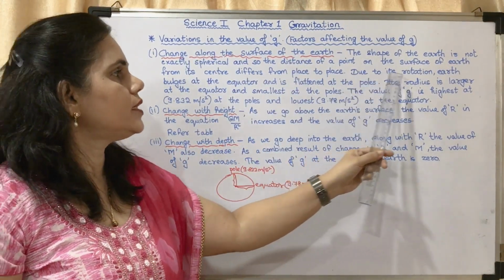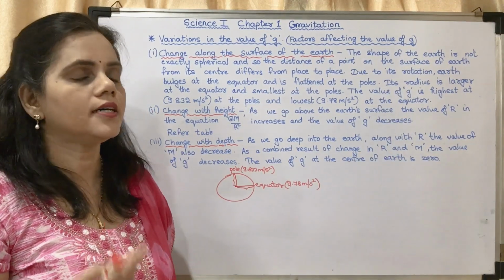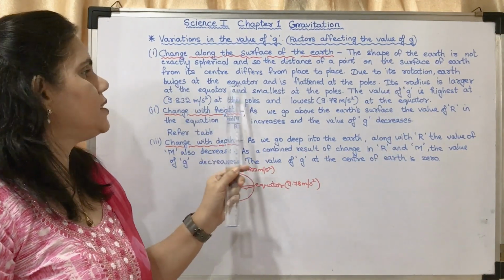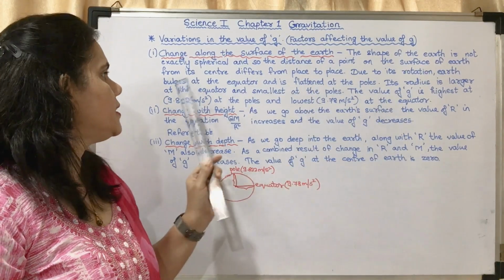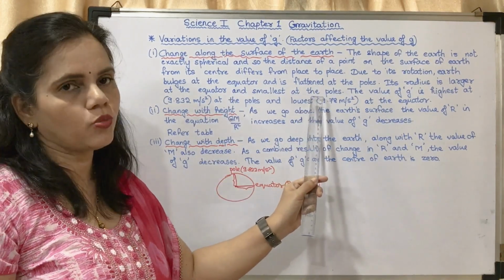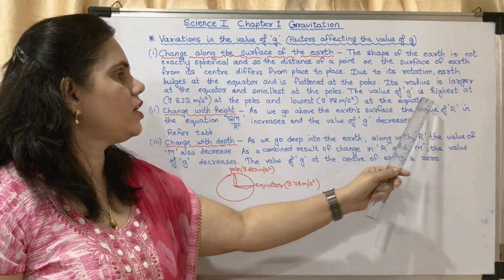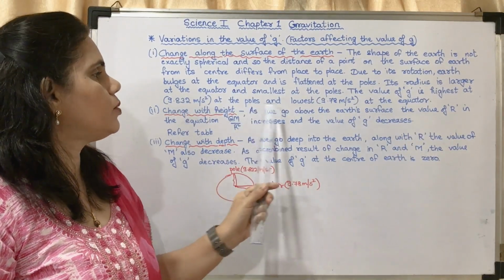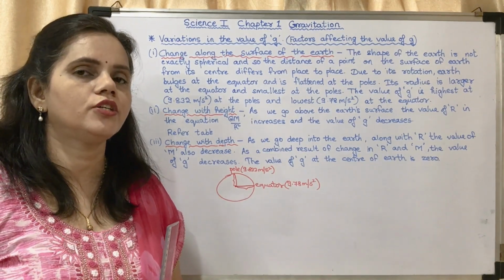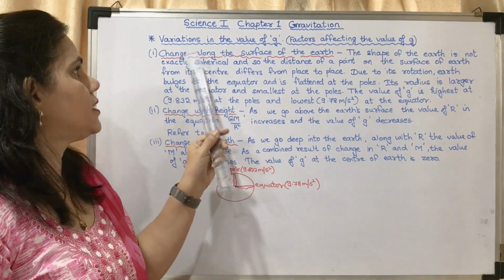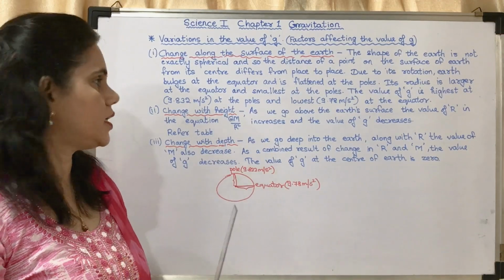Due to the earth's rotation, earth bulges at the equator and is flattened at the poles. Its radius is larger at the equator and smaller at the poles. The value of g is highest at the poles and lowest at the equator. So this is the variation due to the earth's rotation, that is, the shape of the earth.